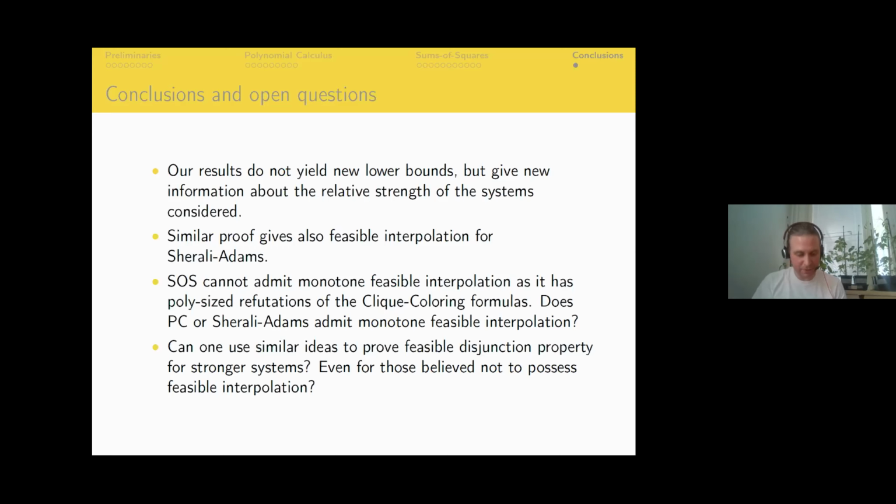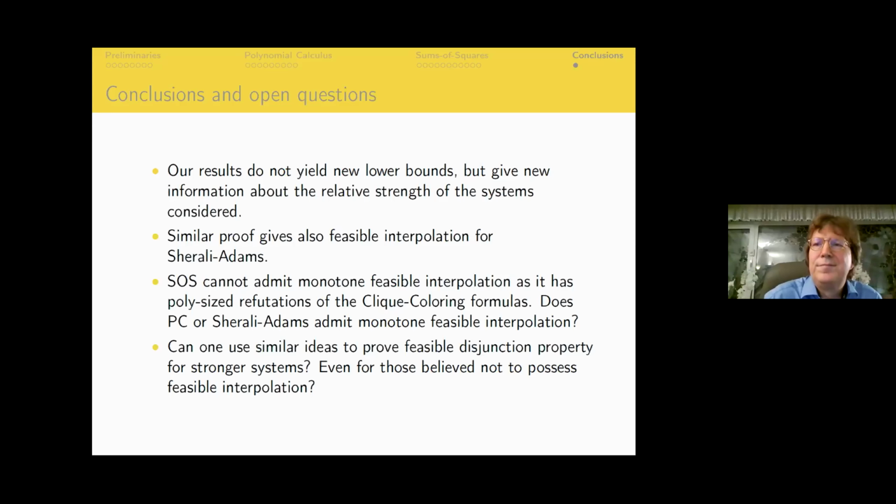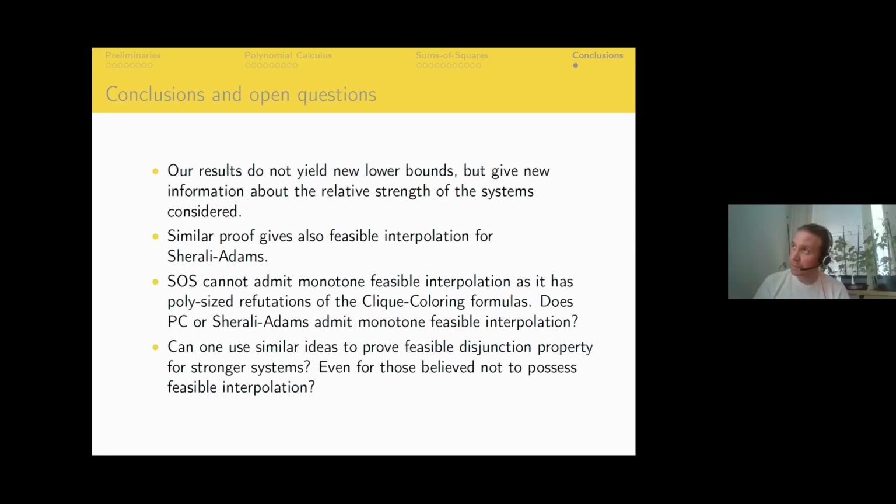You're given this proof that contains only monomials from some set S, and you have a very natural way to split this into the X part and the Y part. So this is why this works here. For the stronger systems, this is, I guess, where you might have problems.